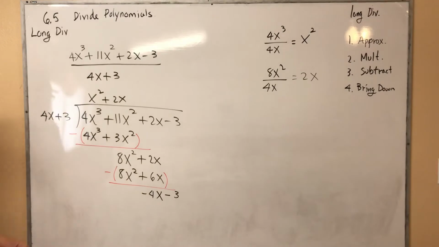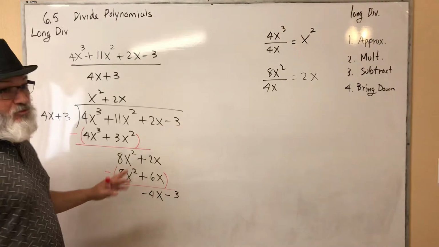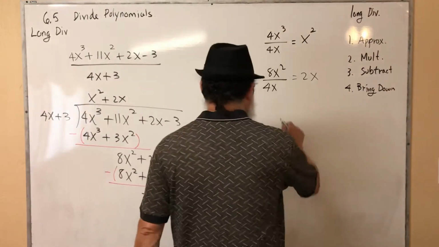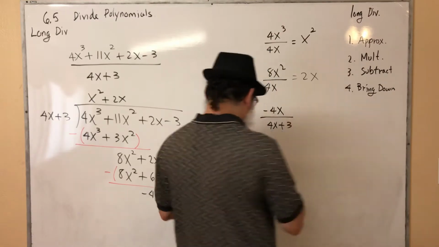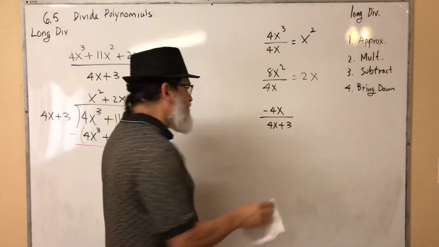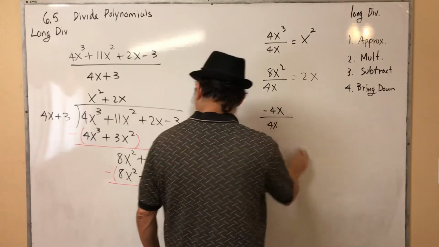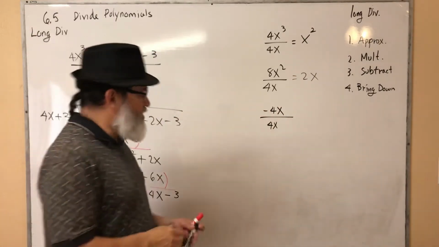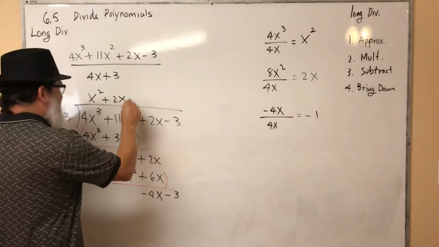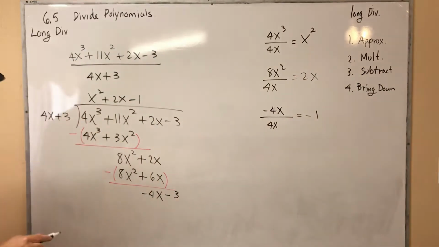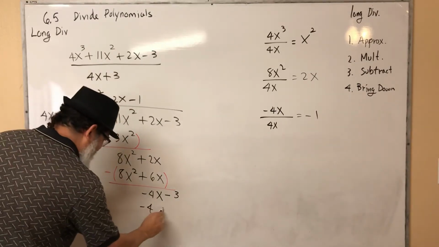Do it again. Negative 4x divided by 4x plus 3, but we're going to approximate because it's step number 1. So drop the 3. And what is that? Negative 1. Multiply negative 1 times 4x is negative 4x.